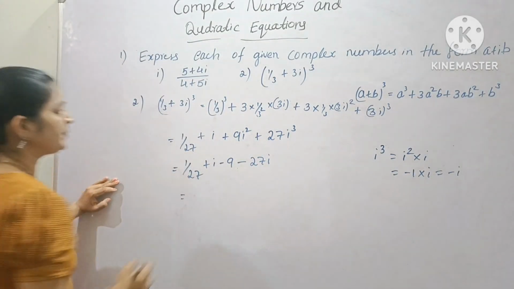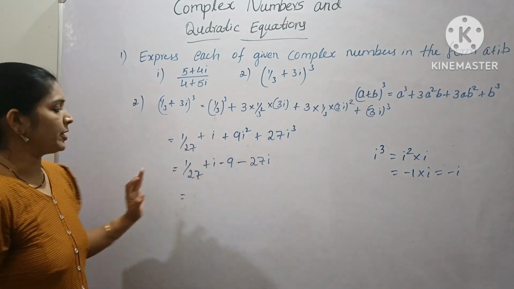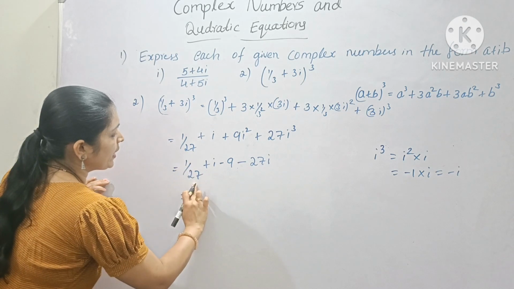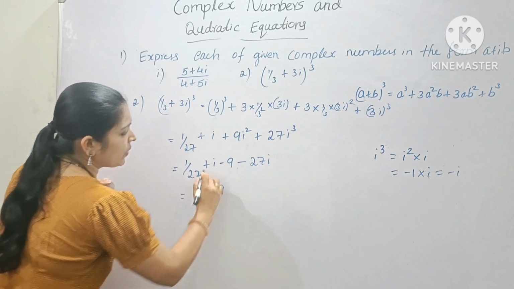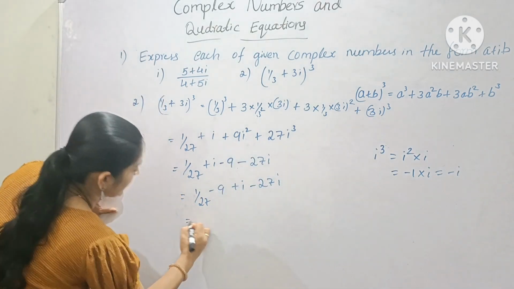Okay, so here let us take the real part together and the imaginary part. What is the real part? The real number is 1/27 minus 9, plus i into −27.